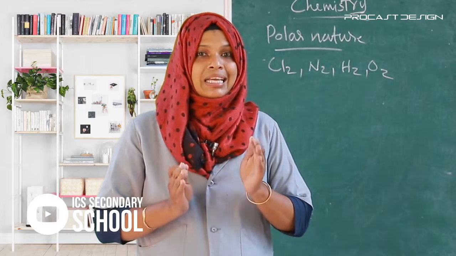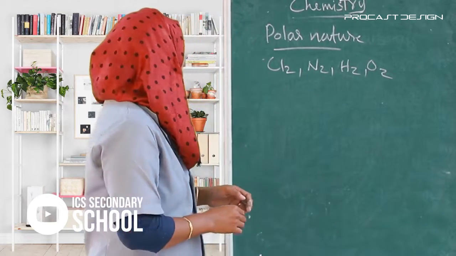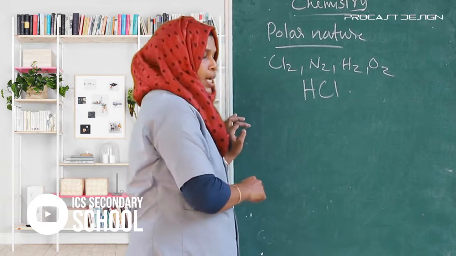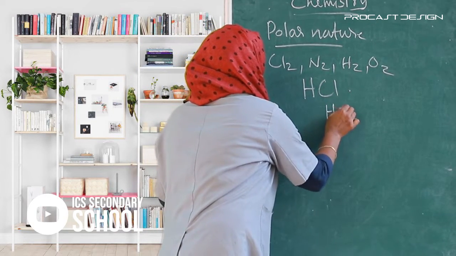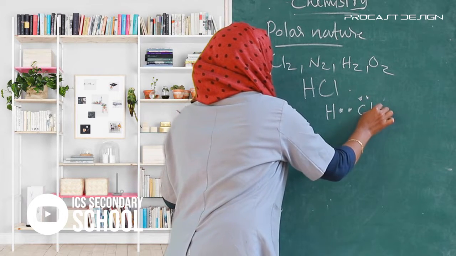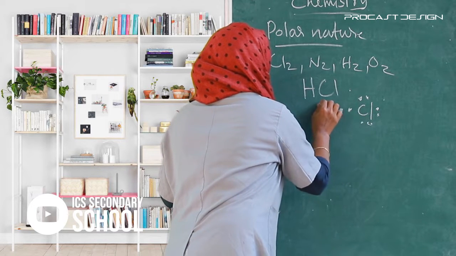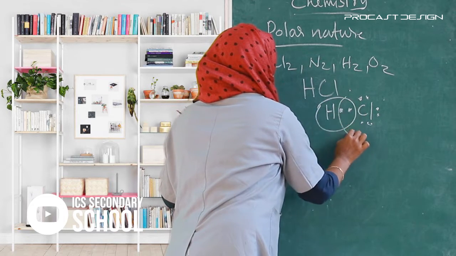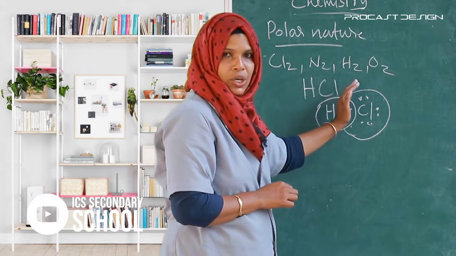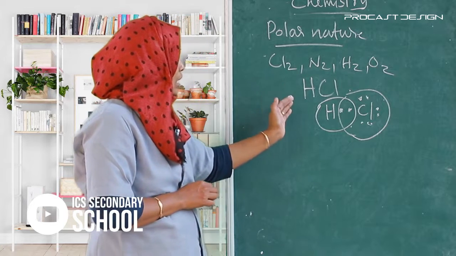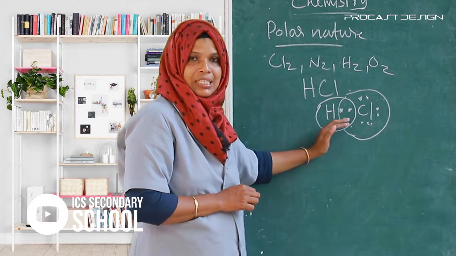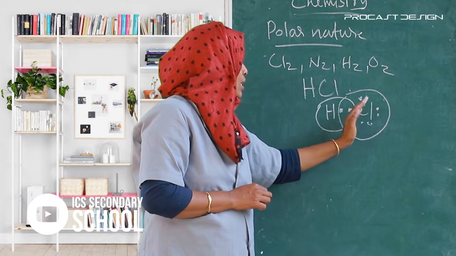But in the case of some other compounds, like hydrogen chloride, with covalent bonding, the two atoms have a difference in electronegativity.